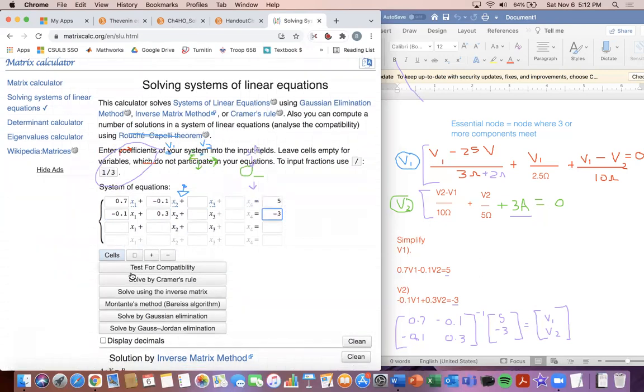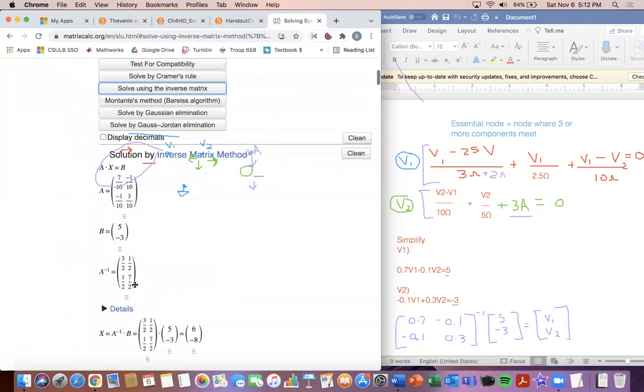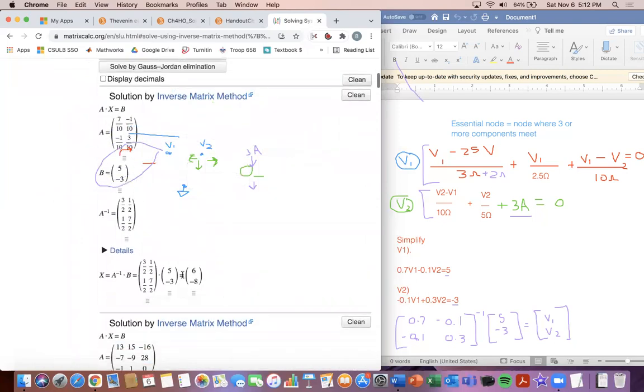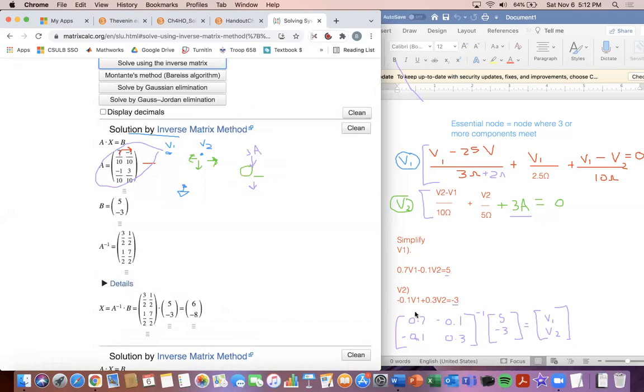When I just hit solve using the inverse matrix, because that's what we do here, I get 6 and negative 8 for my solutions. And so V1 is equal to 6, and V2 is equal to negative 8 volts. And so that's how I solve for V1 and V2.